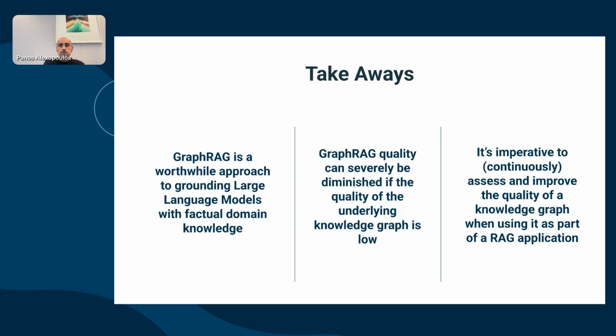Therefore, it's imperative to assess, both when we build the knowledge graph and also as we maintain it, so continuously, to assess and improve the quality of the knowledge graph when using it as a part of a RAG application, right? Especially if we have built the knowledge graph completely automatically, if we have generated it from text or other resources.